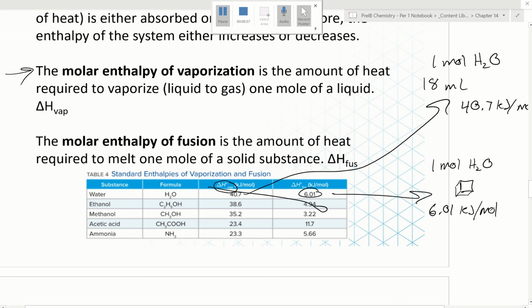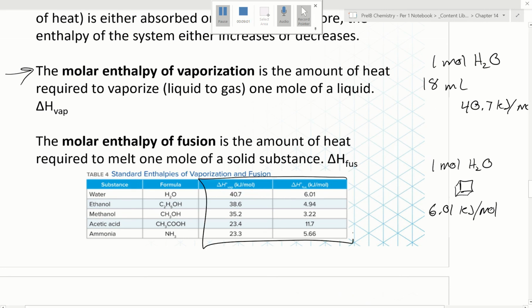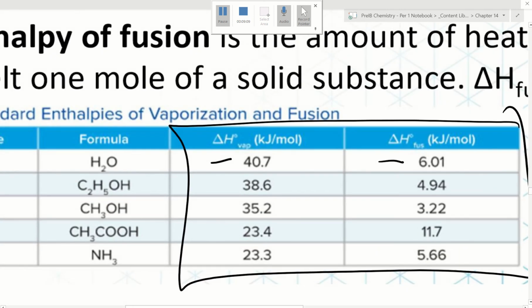The thing is, if you make the amounts here negative, then that's the amount required for the reverse process. So if I had steam, if I had 1 mole of H2O as a gas, then the negative 40.7 would turn it into a liquid. It's the opposite process.